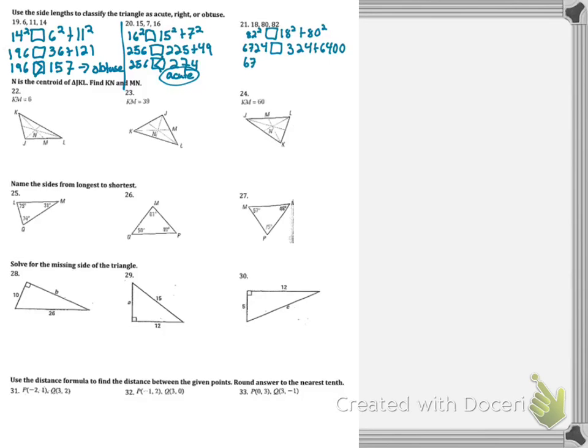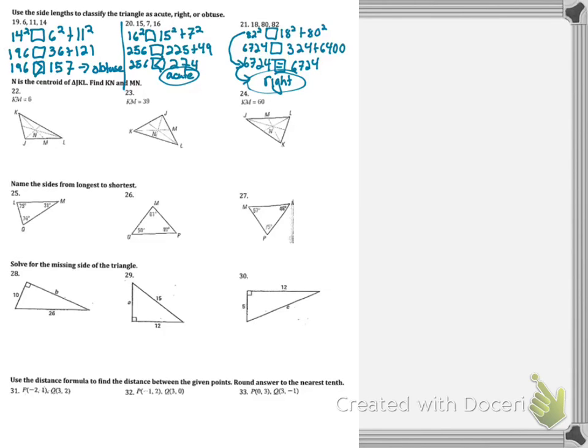So we get 6,724. And then we add up our right-hand side, and that also gives us 6,724. We see that these are equal, which means that it's right. On your test tomorrow, you have to make sure you show all the steps, or at least the first and this one.